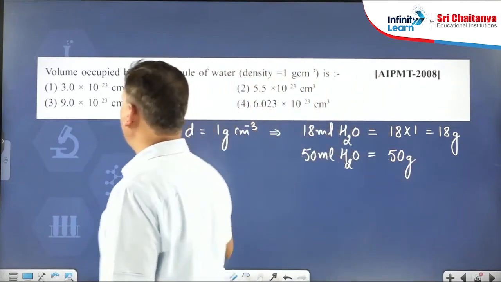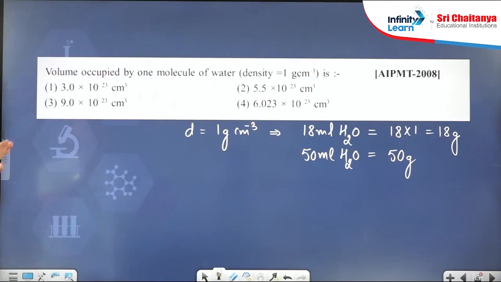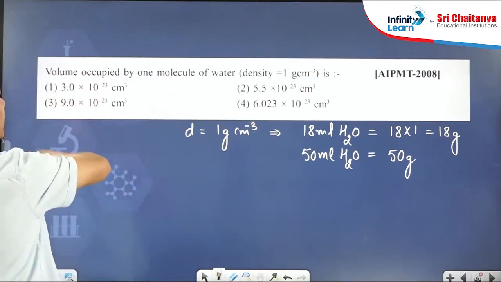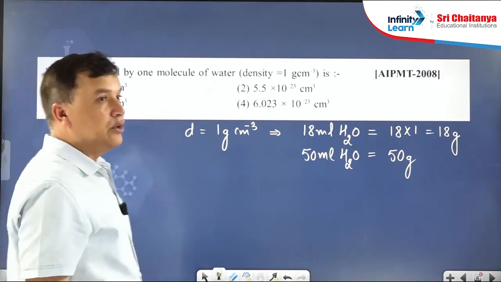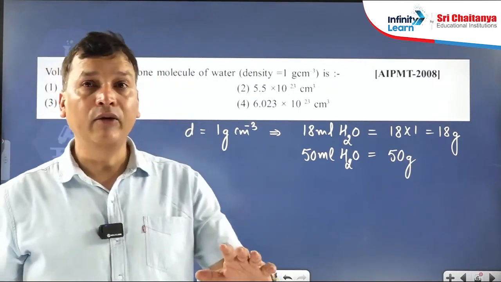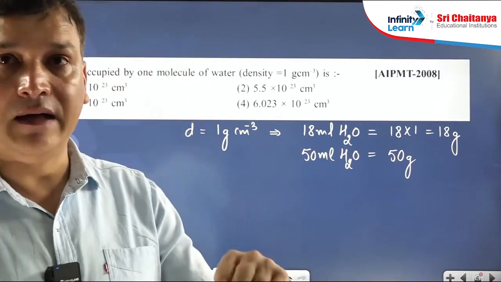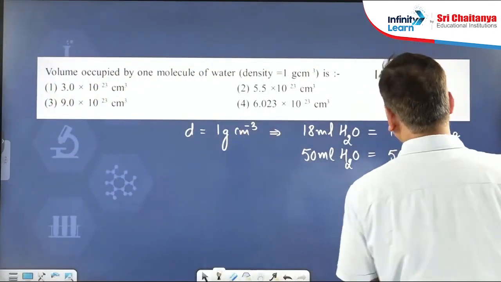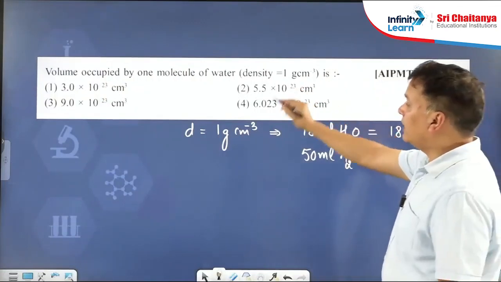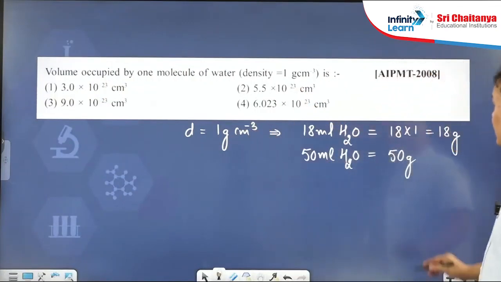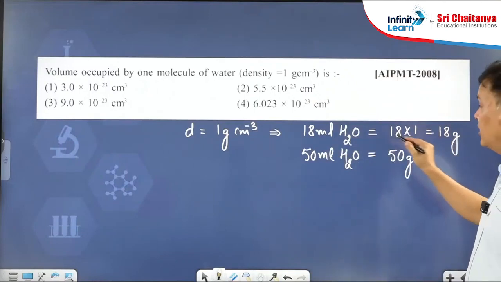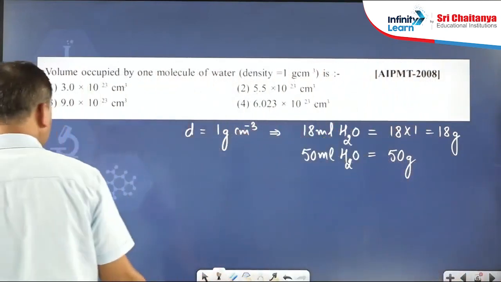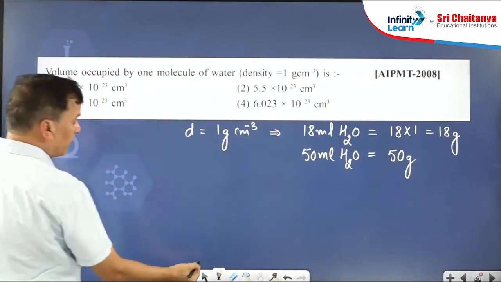Since the density of the water. But now in this particular question, we have one molecule of water and we have to find out its volume. So dear friend, ultimately we have to find out its mass. Are you understanding or not? I am telling you here that for water, the density of water is 1 gram per centimeter cube. So its mass is equal to its volume. One molecule.